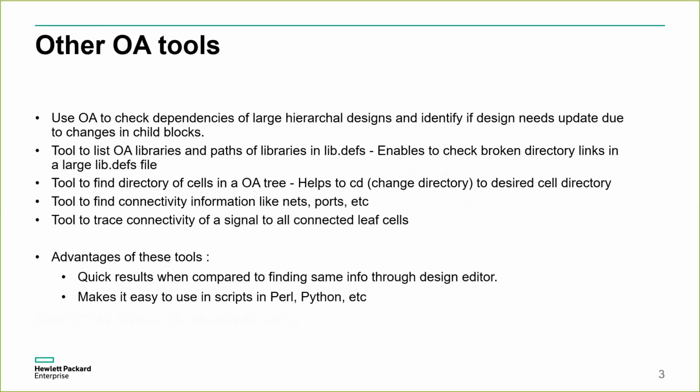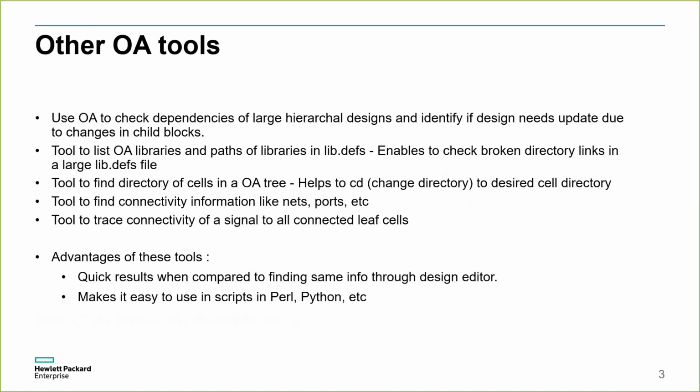And on a similar note, we also have tools to query the design information, such as what ports we have on the design, what nets we have, and how they're connected. And these things, we can use this information to develop more programs that can give us useful information. For example, we have a tool that traces the signals all the way to the leaf cell if you start at a pretty high up hierarchy.